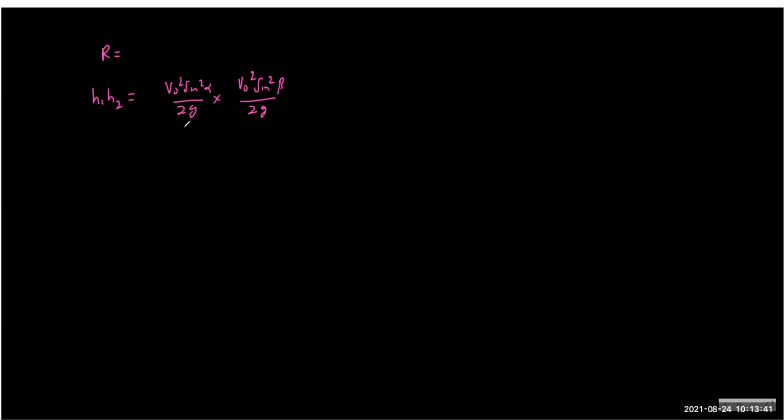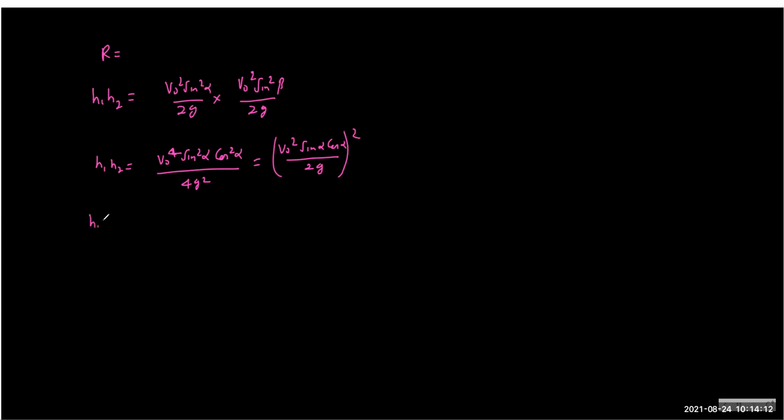So we know beta is 90 plus alpha, so this will become V naught to the power 4 sine square alpha cos square alpha by 4G square. Basically, this is V naught square sine alpha cos alpha upon 2G whole square.